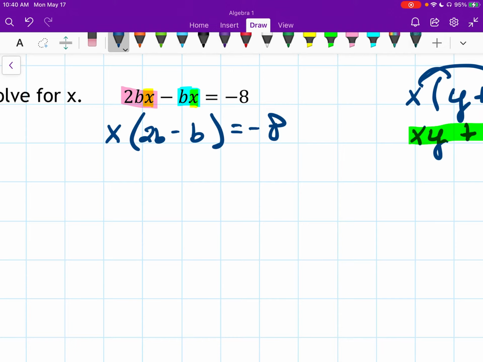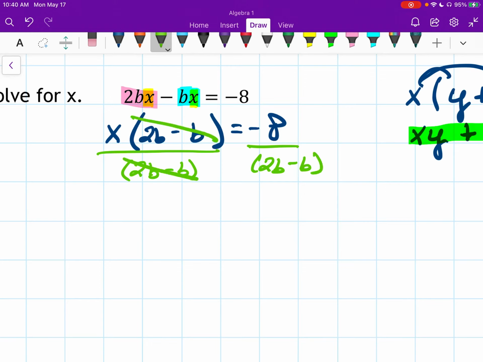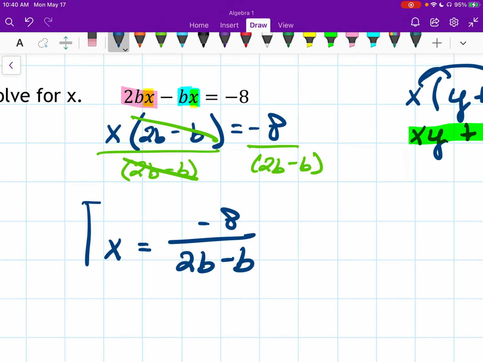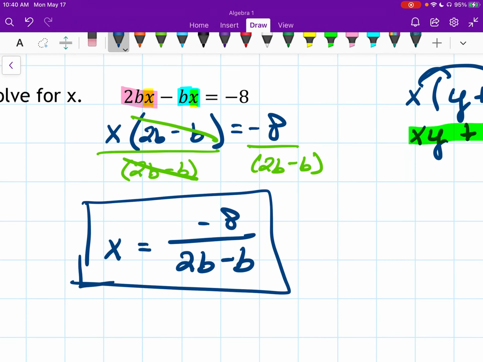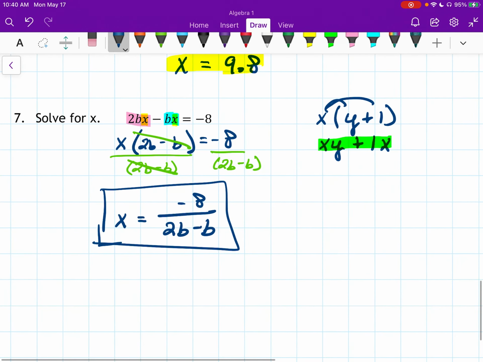Now, we have x times something. So what I'm going to do is divide by 2b minus b. This here will cancel, and I'm going to be left with x equals negative 8 over 2b minus b. And there we are. Okay?